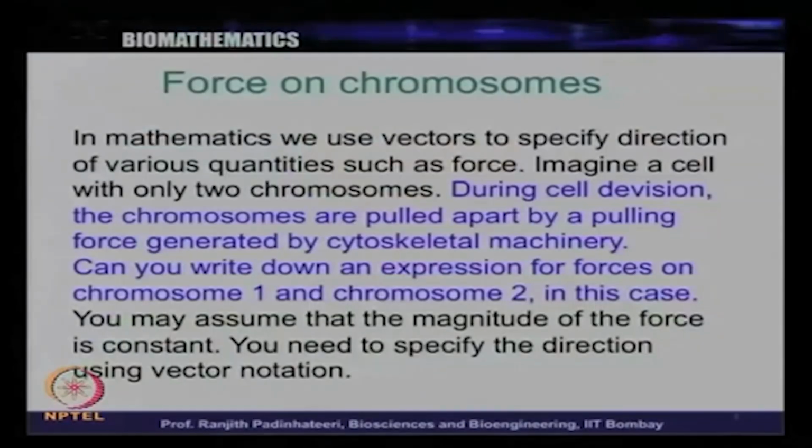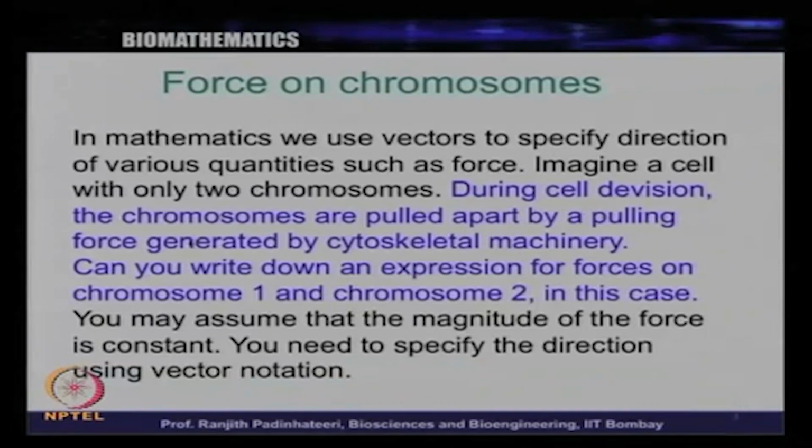So, I will read the question in detail, and then we can go through each sentence. First let me read it in full. In mathematics we use vectors to specify direction of various quantities such as force. Imagine a cell with only 2 chromosomes.